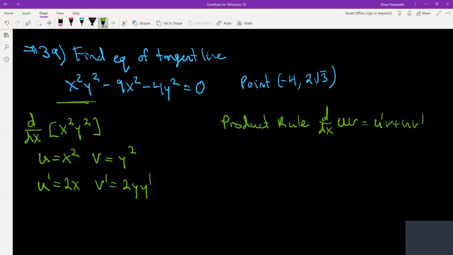So derivative of x squared y squared, based on the product rule, is u prime times v. Well, u prime is 2x, v is y squared, so it's 2x y squared, plus u times v prime, so u is x squared, and v prime is 2y y prime.